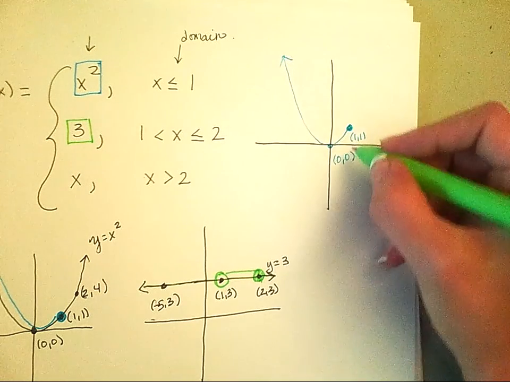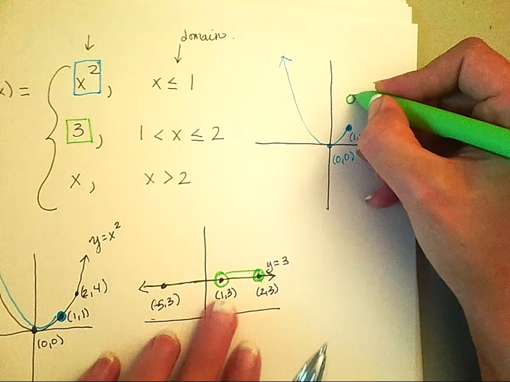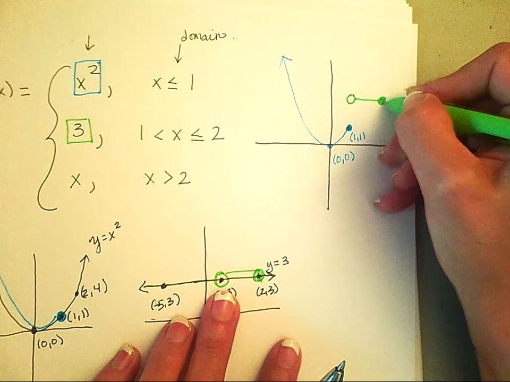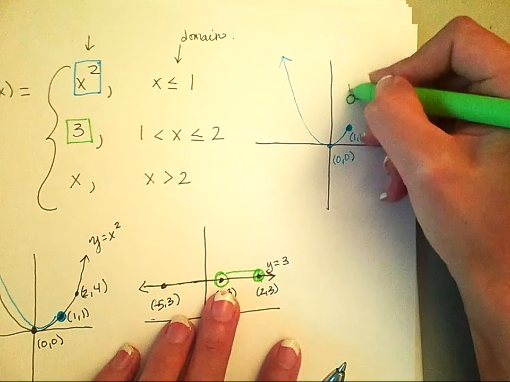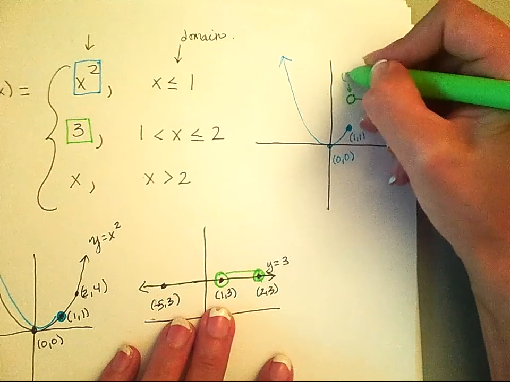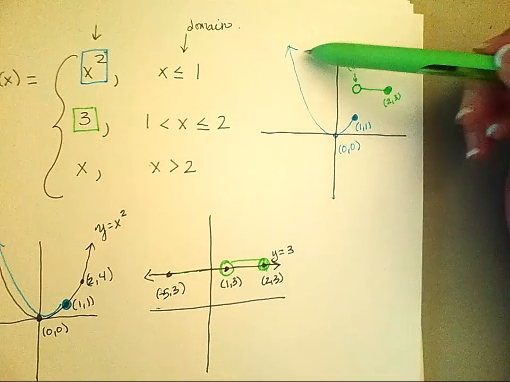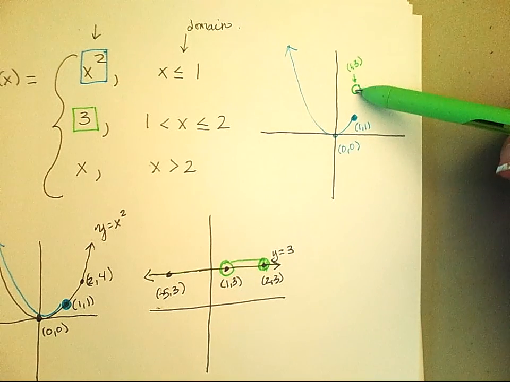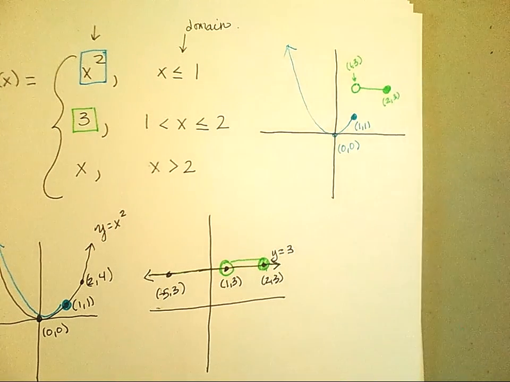When x is 1, I have the open circle all the way up to 2. And this is the point 2, 3, and this, if it existed, would be the point 1, 3. Notice this is passing the vertical line test. If I fill this in, I'm going to have a value here and here, so I can't have that and still have it be a function.